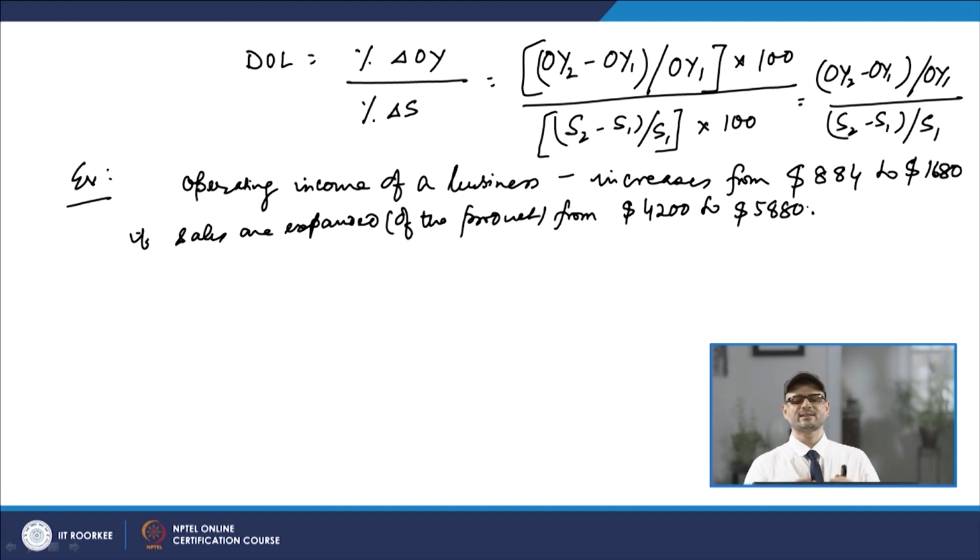It was reported that the operating income increased from 884 to 1680.